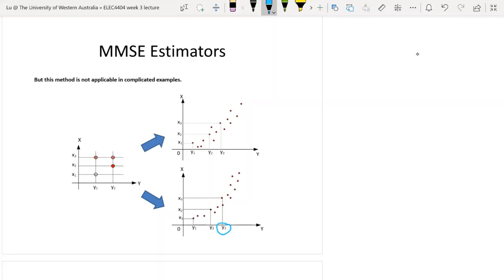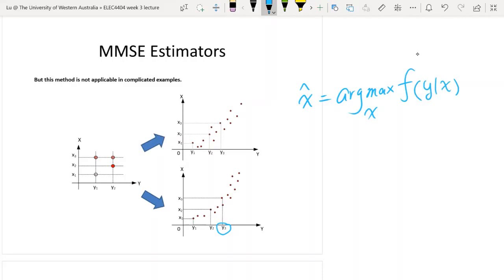In other words, our best estimation of X, either MAP or ML, should be equal to the argument X which can maximize the conditional PDF or PMF, this thing here.